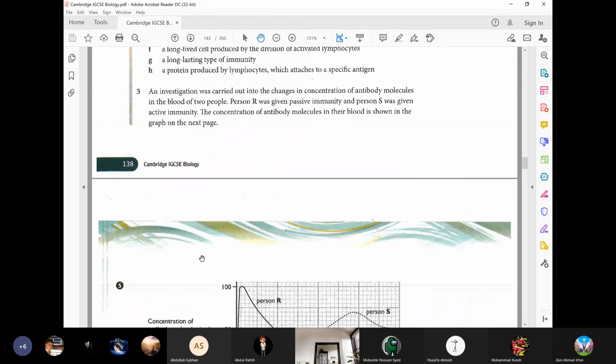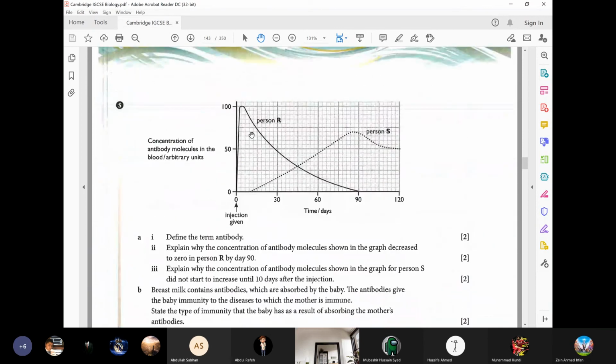This is the concentration in arbitrary units, and this is time in days. When the injection is given to person R, first the antibodies increased and then decreased. In person S, the antibodies kept on increasing, became maximum and then became constant.